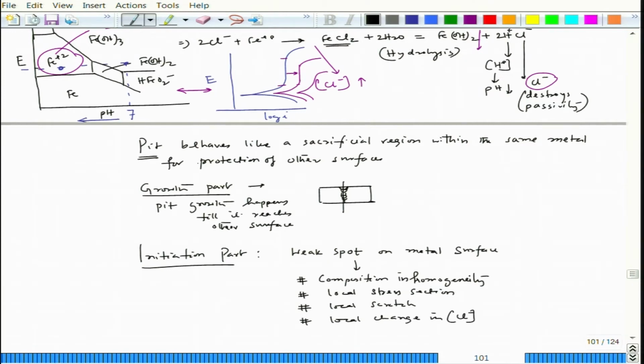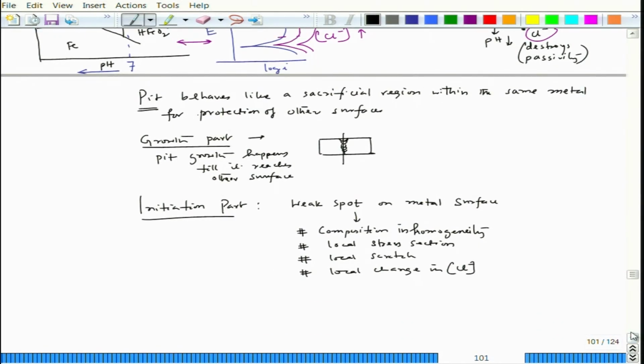At some location, if the chloride ion concentration suddenly goes up, then definitely that can happen. It could be due to inhomogeneity, or it could be due to a typical microstructural pattern. We have all explained these things before.